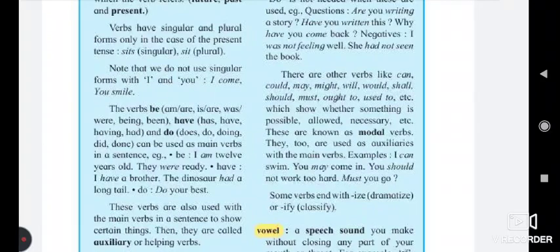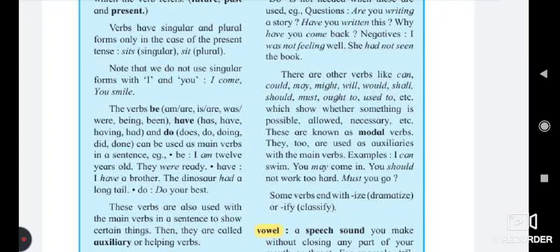The verb be means am, are, is, was, were, be, being, been. Have means has, have, having, had, and do means does, do, doing, did, done, etc. These can be used as a main verb in the sentence. For example, I am 12 years old.